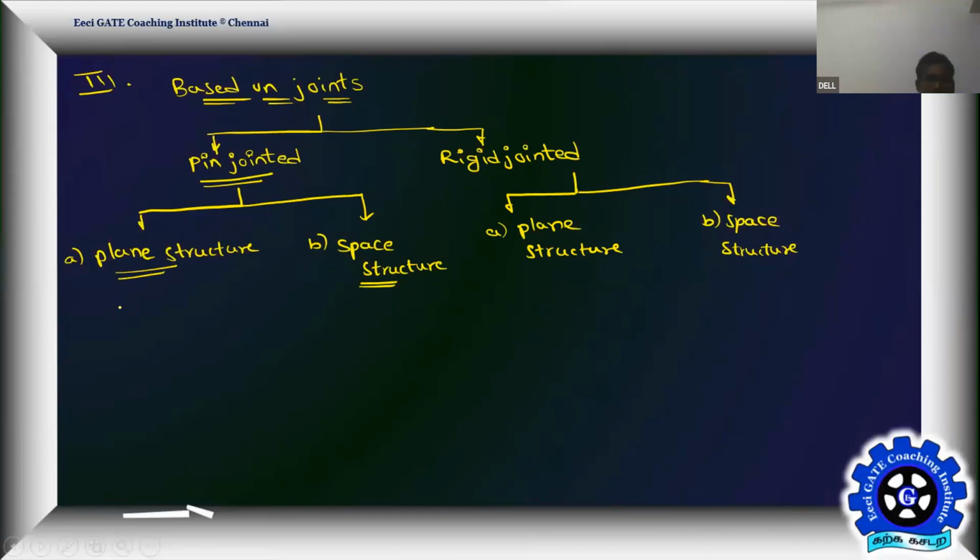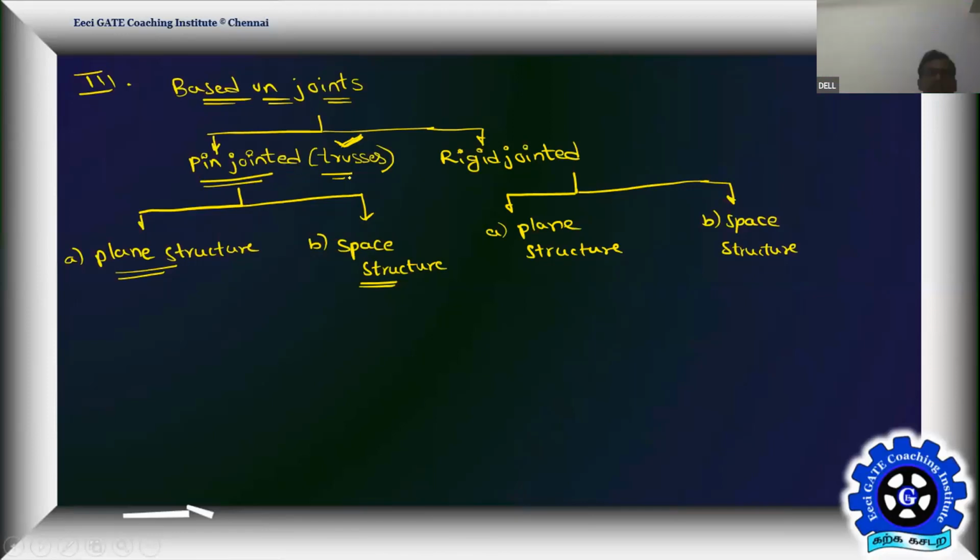When I say pin jointed, it means trusses. A very good example I can say. Whenever I say pin jointed, all are pin joints. If I use the term pin joint, there must be trusses. Do you understand, dear students?